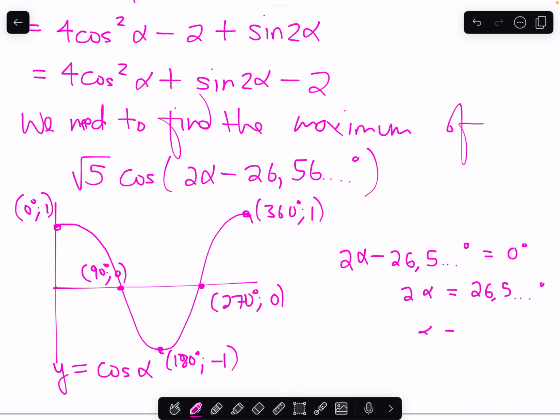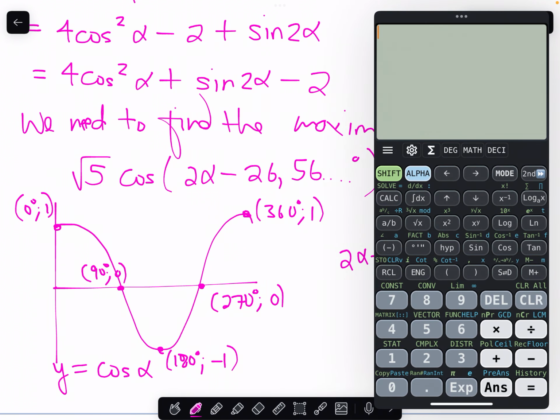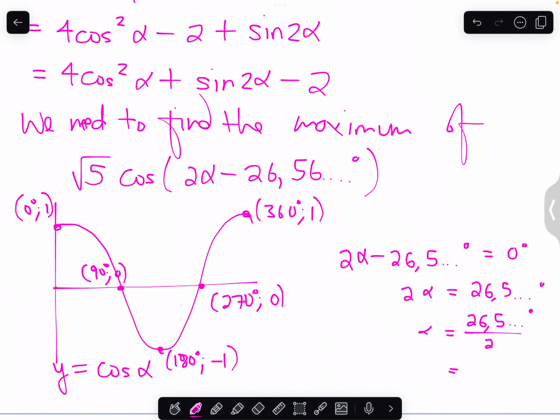And so alpha is equal to that divided by 2, which is 13,28 something.